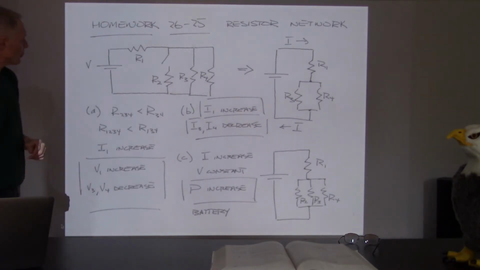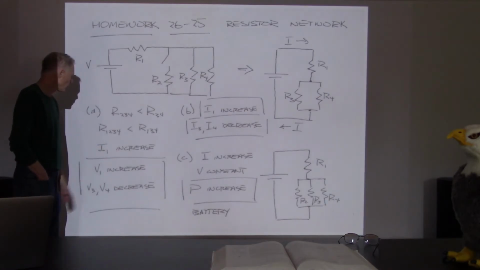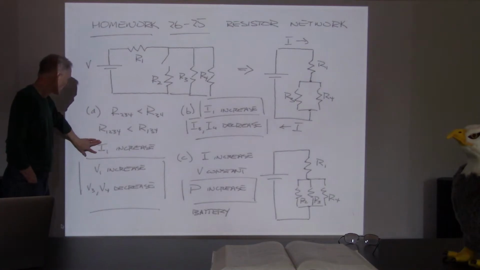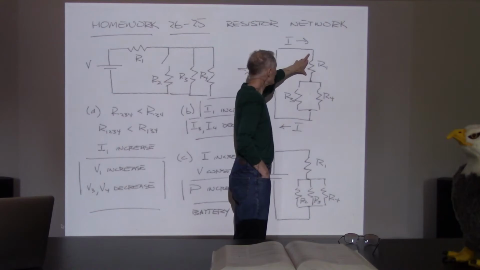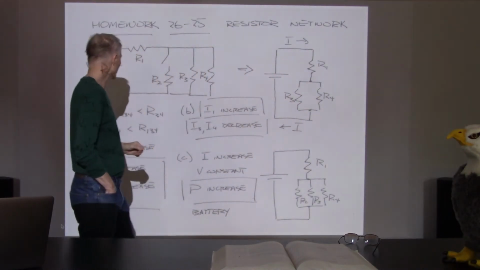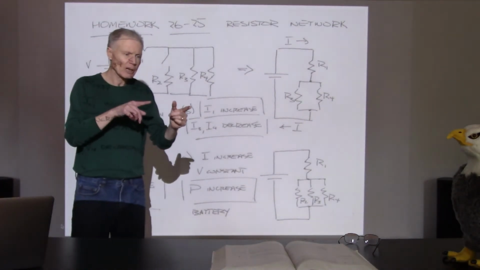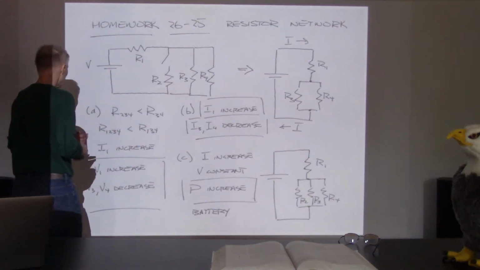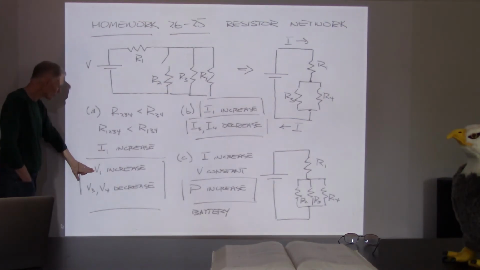So I1 has increased when we close that switch. Now if I1 has increased, the current through R1 has increased, and that means the voltage here has also increased. The voltage will always be given by V equals R times I, for any individual resistor. So if I1 went up, V1 increased.